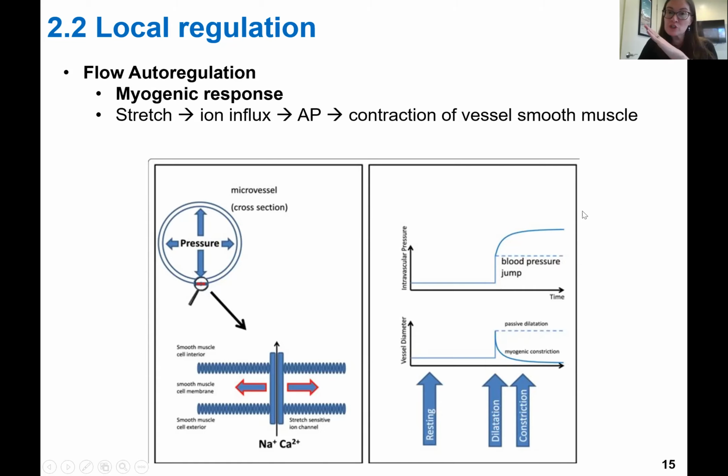So even though the blood pressure is going up, the diameter comes back down, so you keep the flow steady. It's a super cool response. It's a pretty simple mechanism that can work on this, again, second to second response time to immediately regulate the flow so that you don't get a massive amount of blood flow into a tissue. Or if it's too low, you get enough blood flow into the tissue and you keep the pressure high enough.